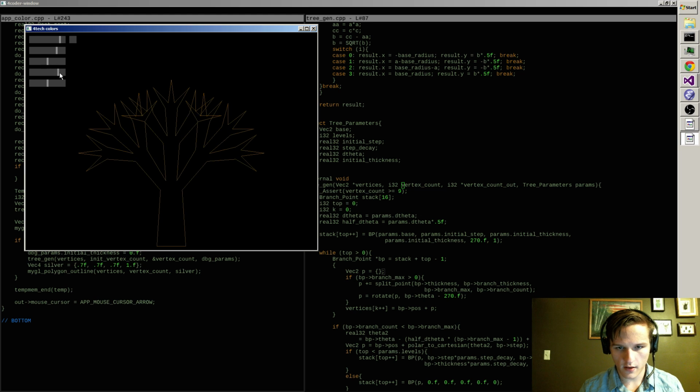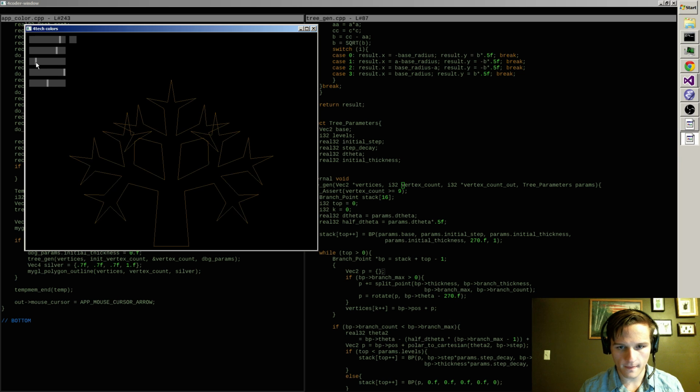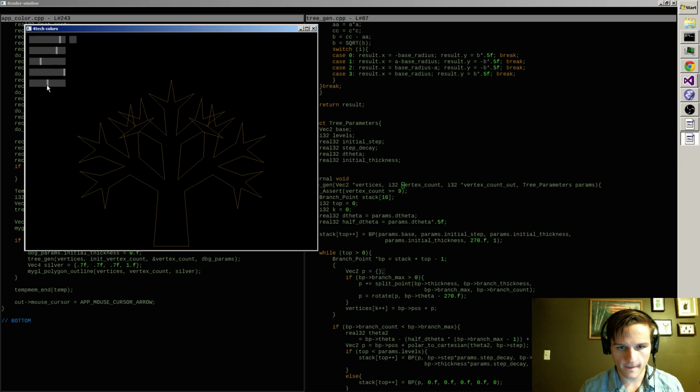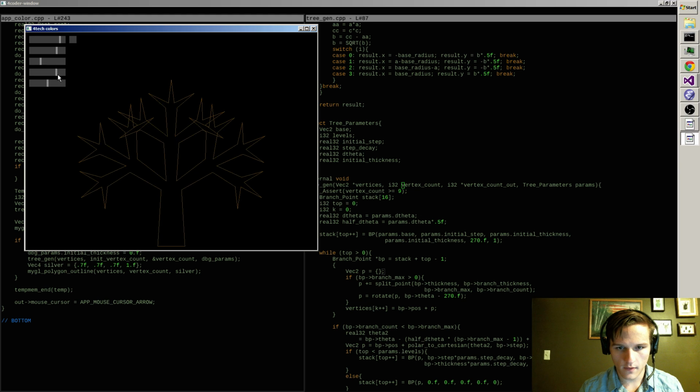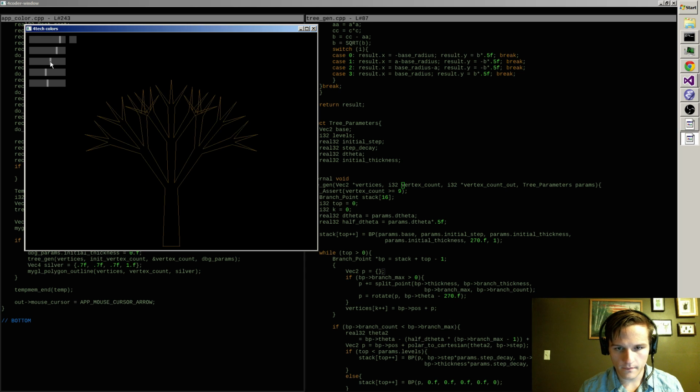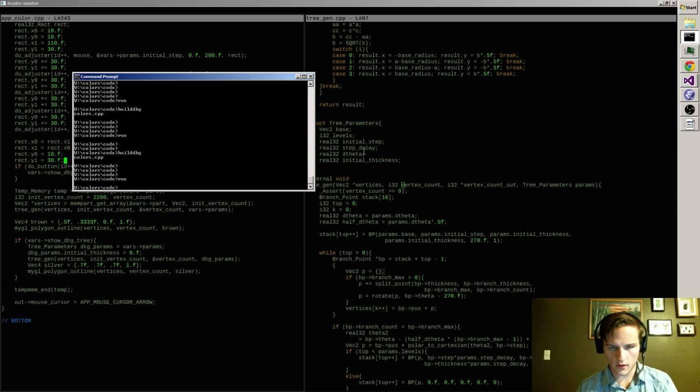And now I've got a thickness variation option. Very interesting. Okay, so that's all looking like it's good.